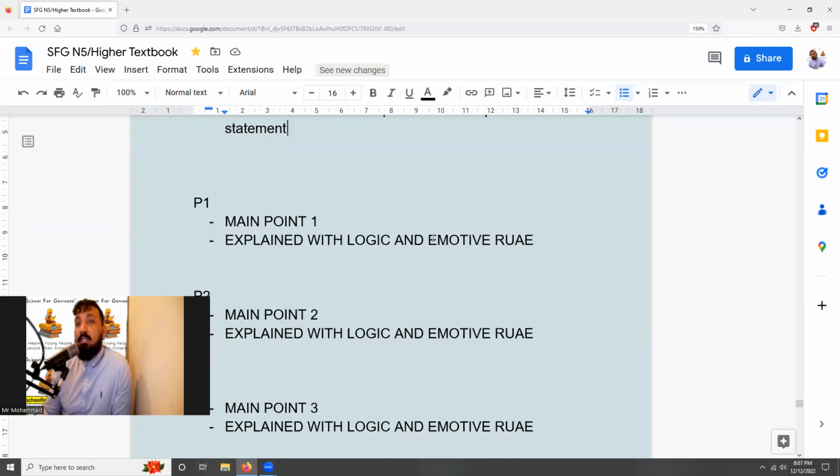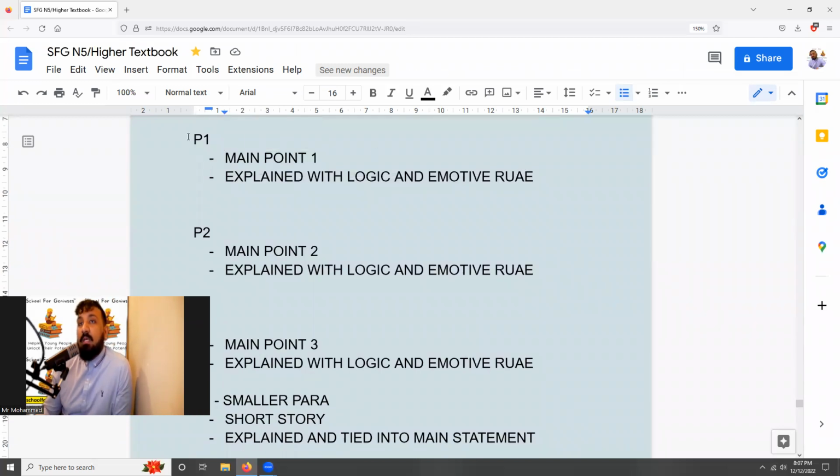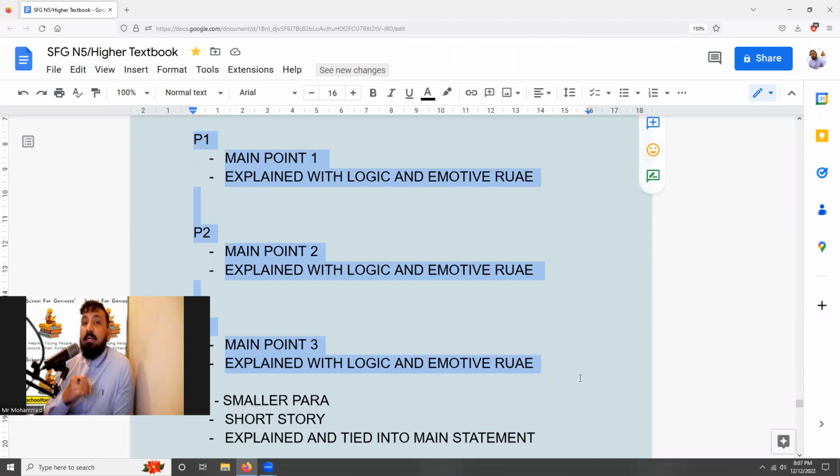Now that is the introduction. Now you have your three initial main body paragraphs, and each of these are basically the same in terms of the structure. For each of the paragraphs, you want to explain the main points. Remember I said that your essay needs three main points, which are the logical arguments. I believe animal testing should be stopped because 1, 2, 3.